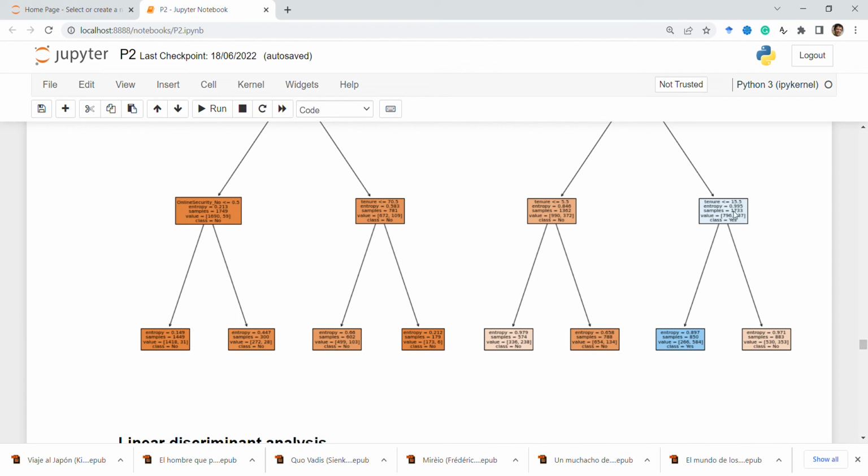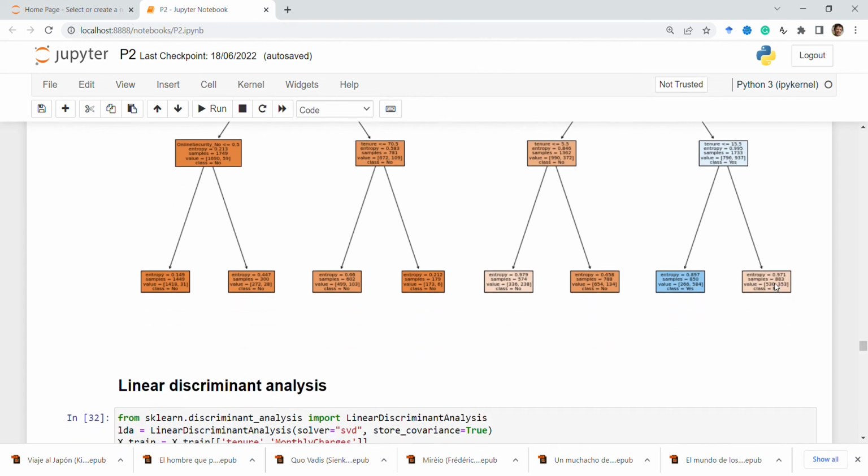So there are 1,700 samples here, and the majority will leave the company, although it is relatively half and half, unless you have been with the company more than 16 months. If you have been more than 16 months, the majority are no. But still, we see that 500 people will not leave the company, but still 300 will leave.